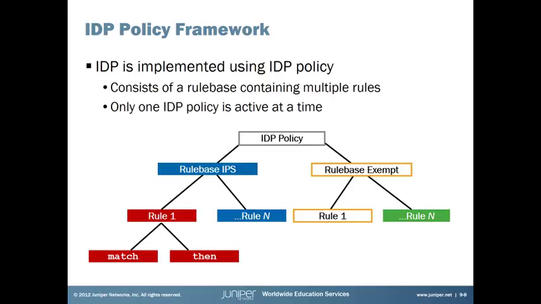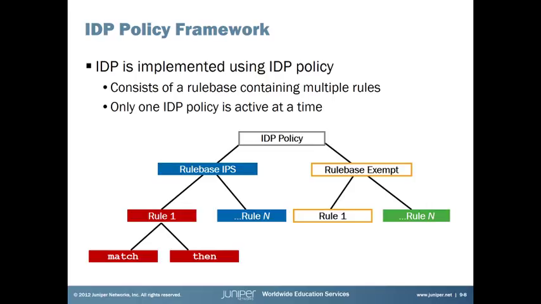There are numerous policies available. So you download these policy templates that provide you with lots of different policies that you can choose from to protect your system, depending on the type of network that you're protecting.